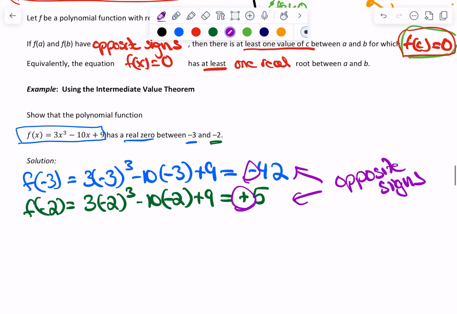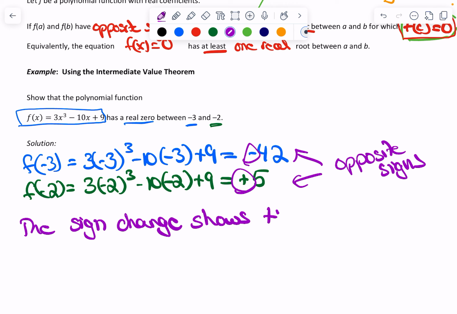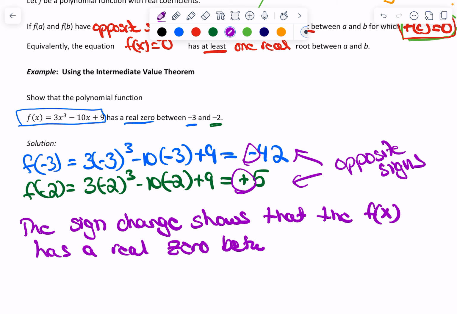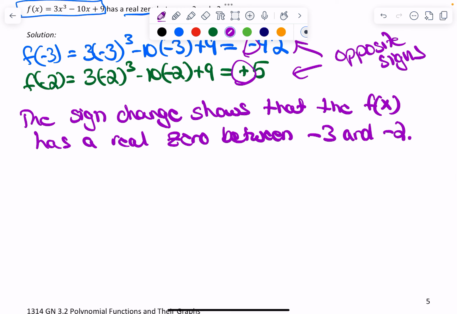So this means that the sign change shows that the f of x has a real 0 between negative 3 and negative 2. If it did not have a negative and a positive, the opposite signs, it would not have a real 0 between. So if we kind of sketch this, it's not asked for us to sketch, but we're going to go ahead and kind of sketch it.